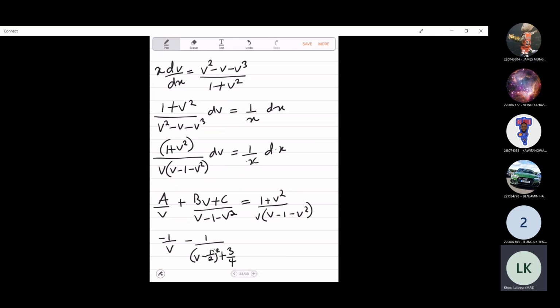Okay, and then you complete the square in the denominator. The reason we complete the square is because we want something squared plus 1, so we need to make this one here a 1 so that we can use tan inverse as our derivative.